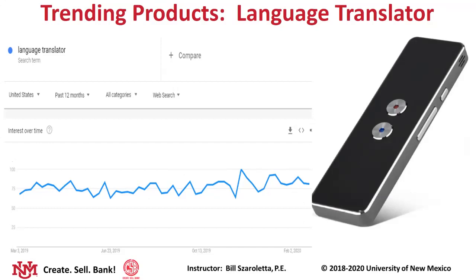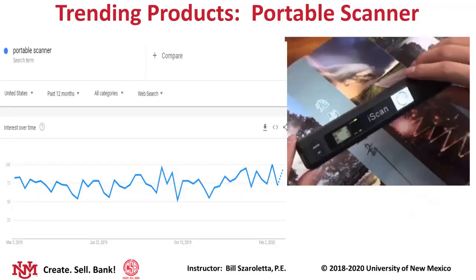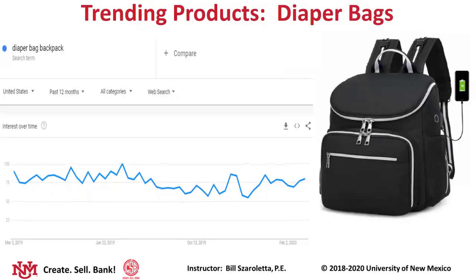Now that is almost above 75 for the whole time, but it's an interesting product. A portable scanner. This one, right around 75. It has some dips, but it also has some up dips. But the trend is that's a good product.